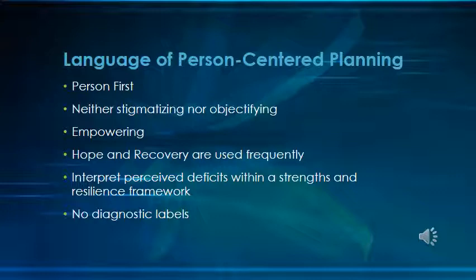For example, just as we have learned to refer to people who use wheelchairs as opposed to the wheelchair-bound, we should refer to individuals who use medication as a recovery tool as opposed to people who are dependent on medication for clinical stability. Third, words such as hope and recovery are used frequently in documentation and delivery of services.